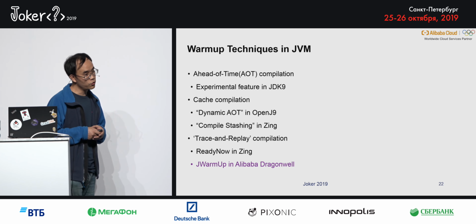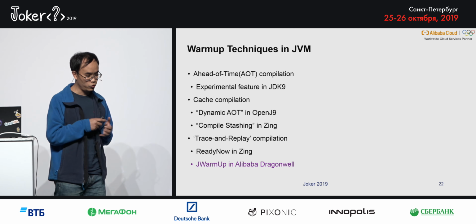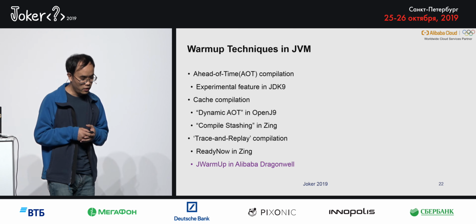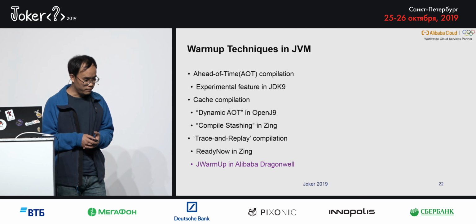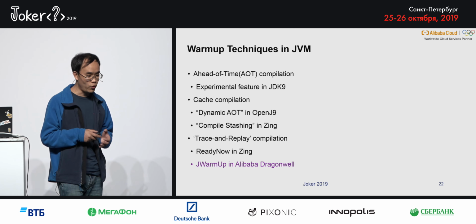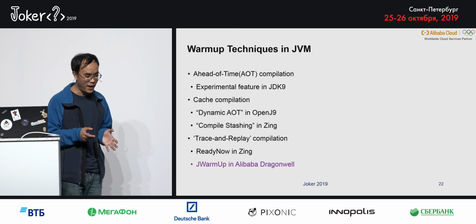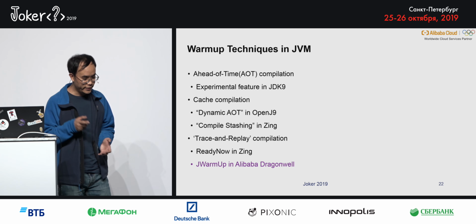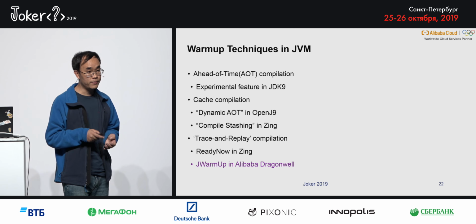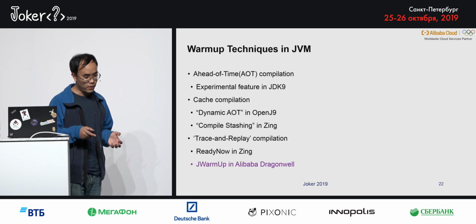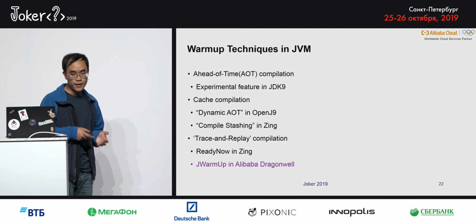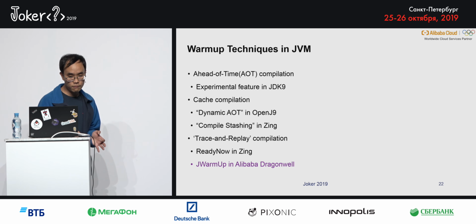The last category we can use to resolve warm-up cost is called trace and replay compilation. One feature, called ReadyNow, has been implemented by Zing JVM. And in Alibaba Dragonwell, we have implemented JWarmup to eliminate warm-up cost. This is something we want to discuss in more detail with you.